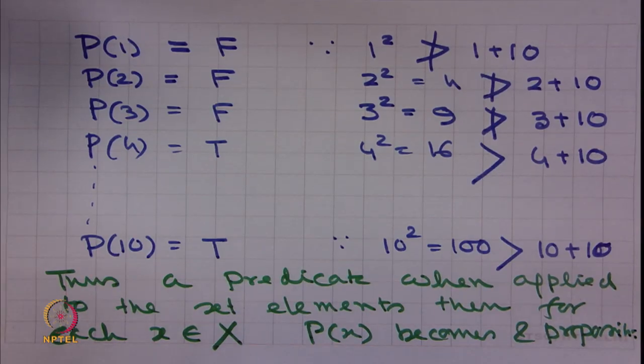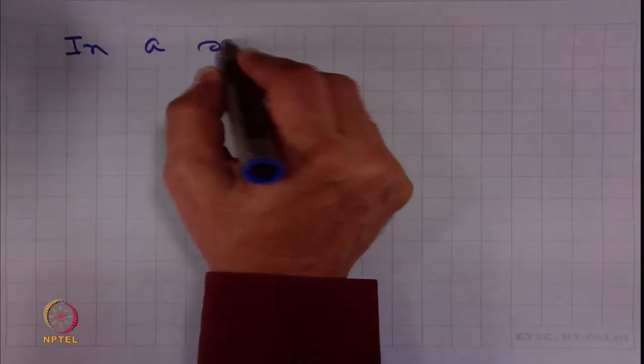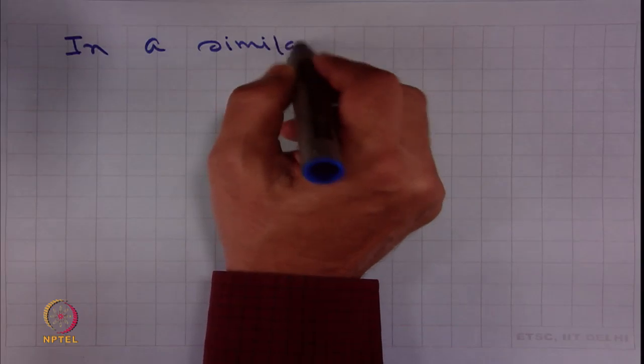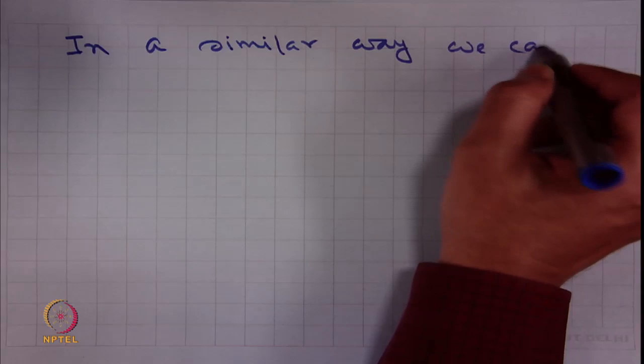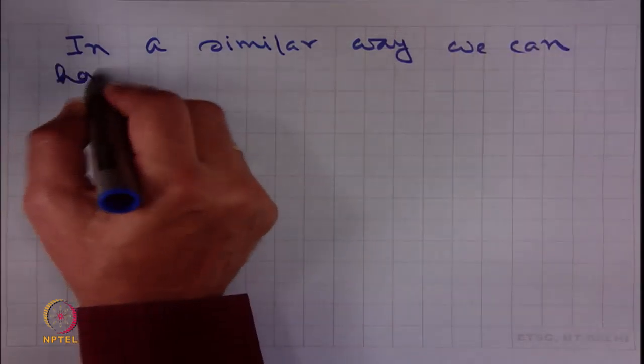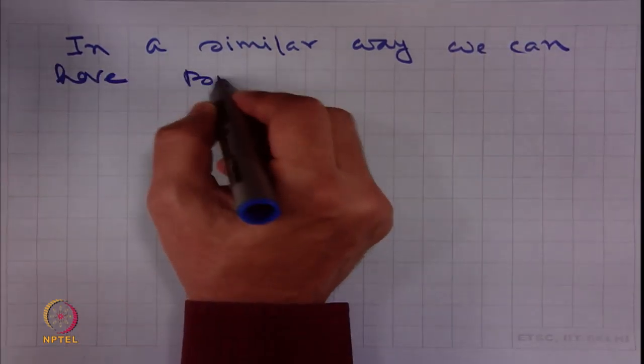That is, it becomes a statement which says it is true or false. In a similar way, we can have binary predicates.